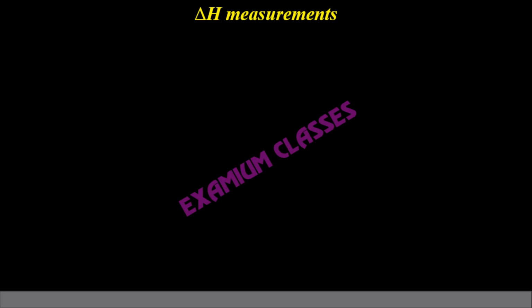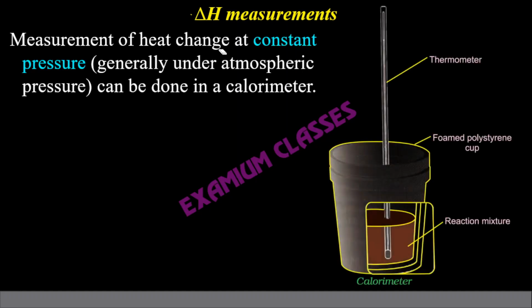Now delta H measurement. Delta H measurement is when pressure is constant. Delta U we talked about when volume is constant, then heat transferred is delta U. If pressure is constant, then heat transferred is delta H, that is change in enthalpy. Measurement of this one is done in a calorimeter. So this apparatus is just called a calorimeter, not a bomb calorimeter.